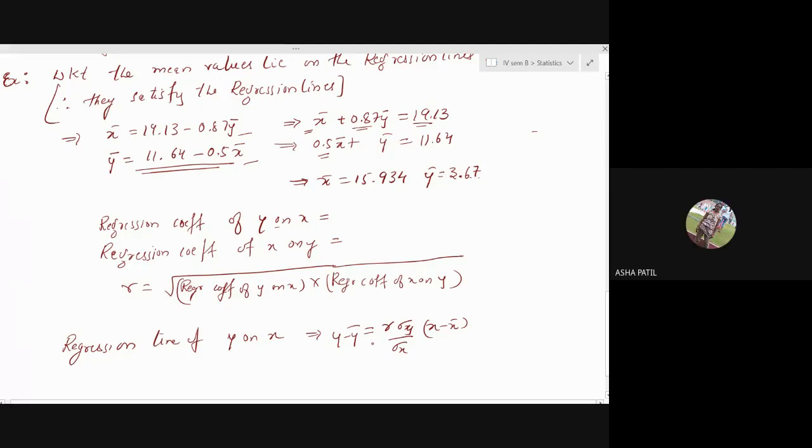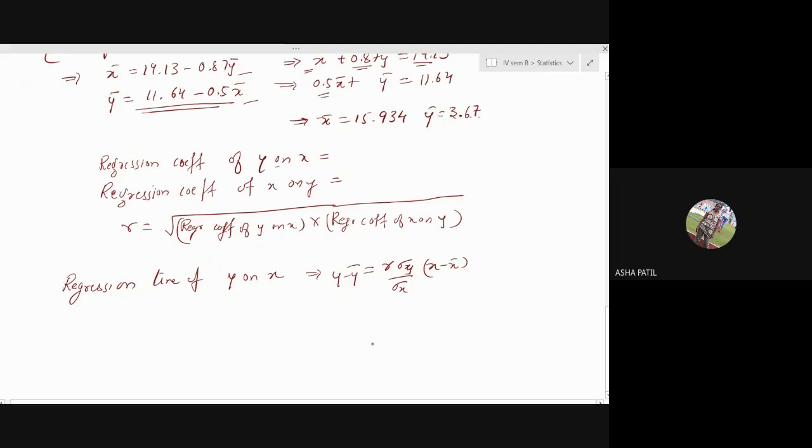Yes, ma'am. See, when you substitute the values, R is a constant, sigma y is a constant, sigma x is also a constant. Okay. When you simplify this, what will you get? Our line is in the form of y equal to, right?